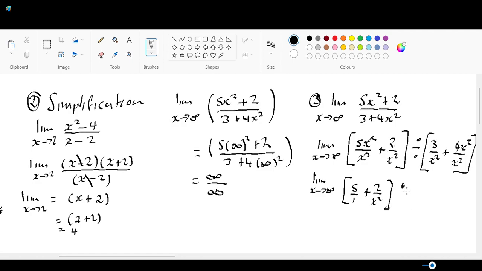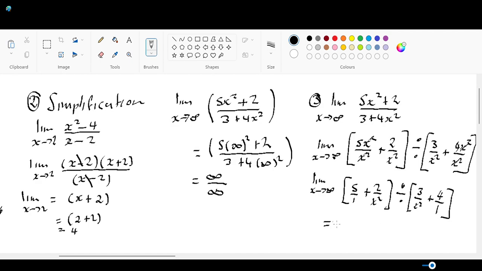We do the same thing on this side, whereby we have 3 divided by x squared plus, but this one gives us 1, so you're left with 4 over 1, and that is that.